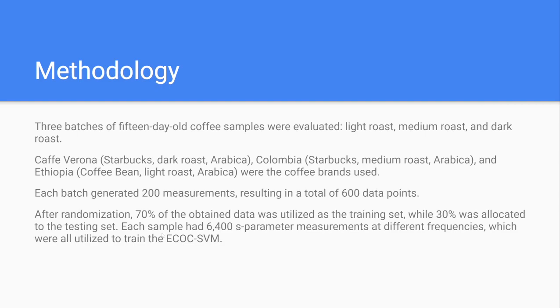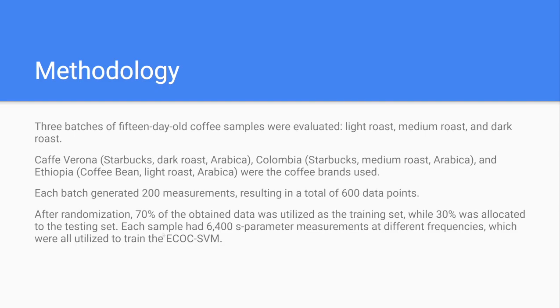After randomization, 70% of the obtained data was utilized as a training set, while 30% was used for the testing set. Normally, this 30% is divided into 15% validation and 15% testing. However, in ECOC-SVM, it doesn't use the typical validation set because the classifier works in such a way that it is automatically trained.